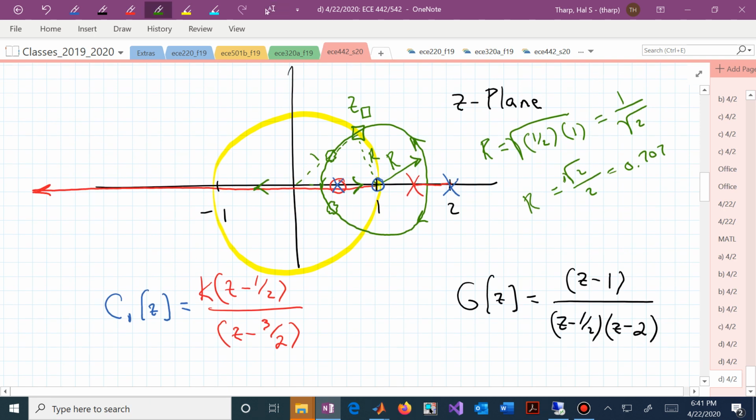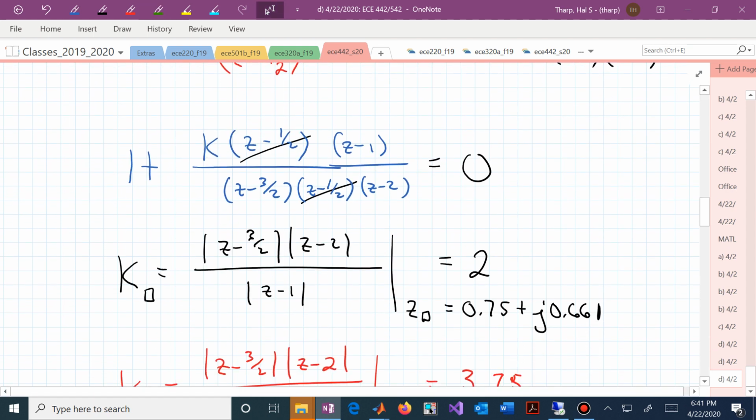We have a side of 1 there and a side of 1 there. We know the base is of length r. We can now use our law of cosines to find out that acute angle at the origin, and that now gives us our poles at z square.